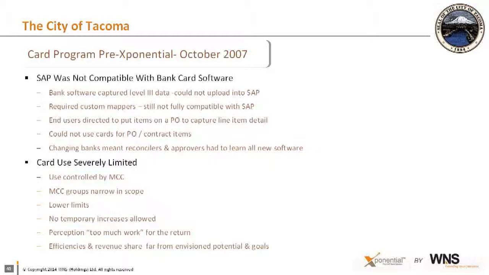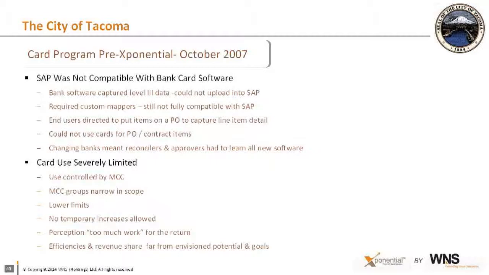Those groups were very narrow in scope. We had very low limits. We didn't allow temporary increases. And basically, folks out there figured that it was just way too much work for the return. And we just were not getting the efficiencies in the revenue share that we thought we should be getting.